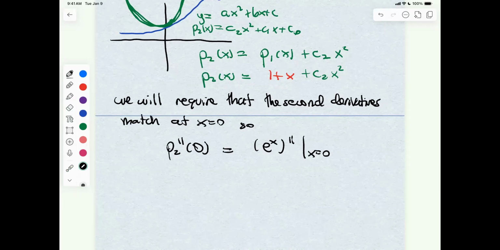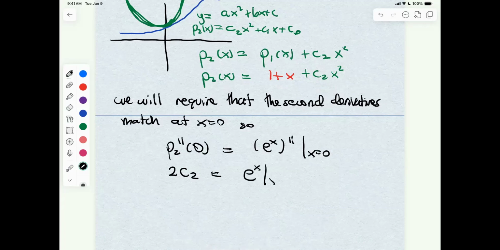Okay, but now what is the second derivative with respect to x? This doesn't count because it will go away, right? The second derivative of a linear function is 0. So you only have to worry about this part, and the second derivative here is, the 2 comes down, so you get 2c2x, and then you take another derivative and you get 2c2. And what is the second derivative of the exponential at 0?